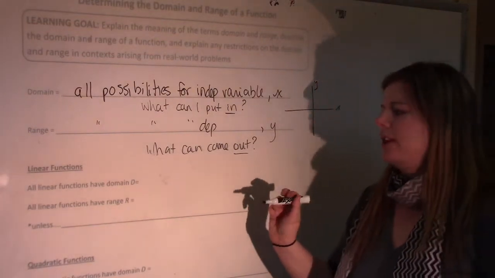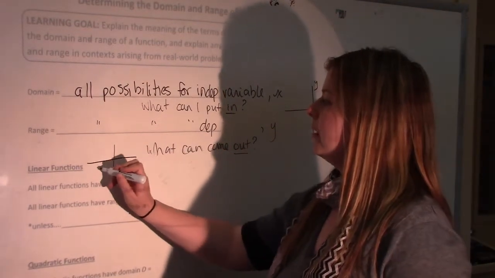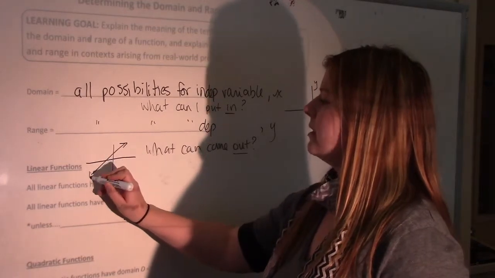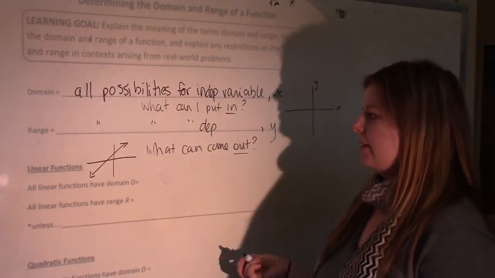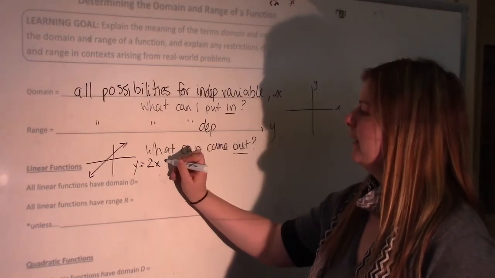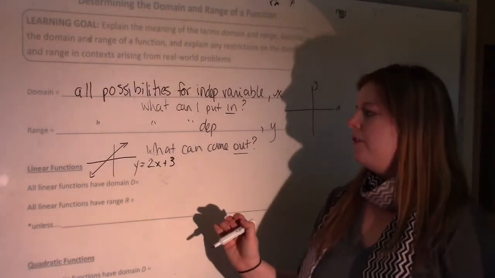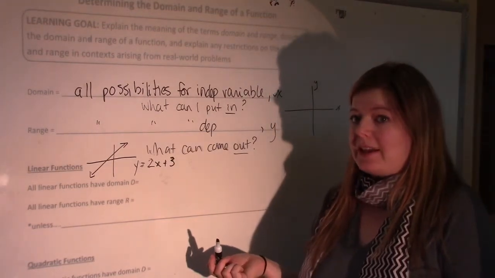So a linear function, for example, let's think about a line, what it looks like. It can slope up or down, but we always have arrows on either end. And this is a possible equation. So all linear functions, you can put any real number into them, okay?